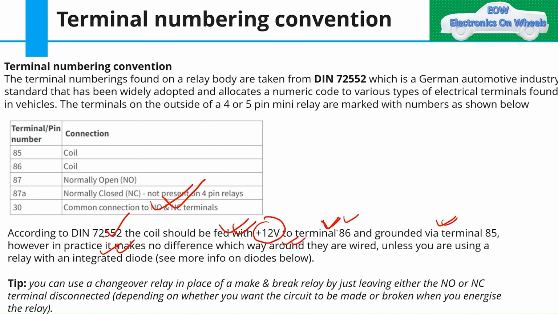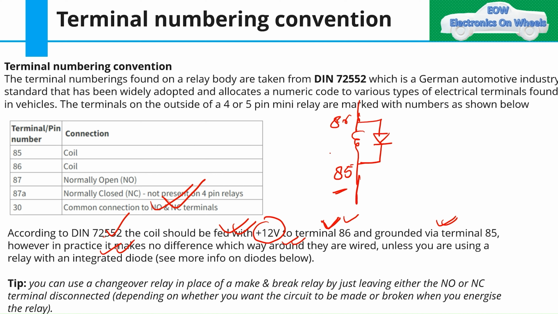But when you are using the coil along with some diode or some resistance, then it matters. I will tell you some situations when you are using your relay along with a diode, then it matters that you have to keep 86 on the positive side and 85 on the negative side, coil plus and coil minus.